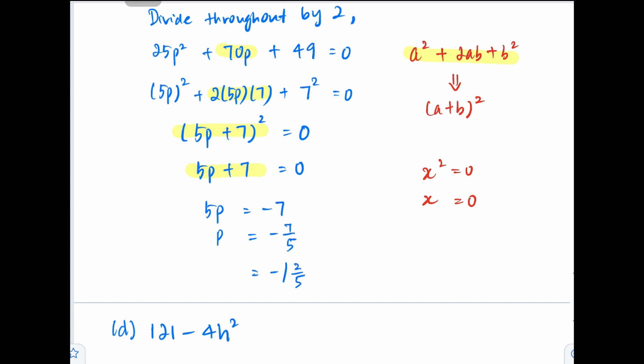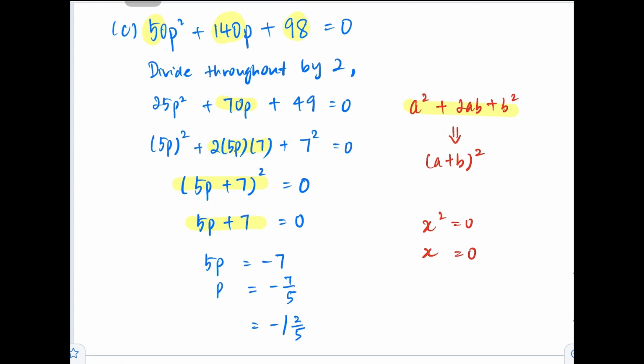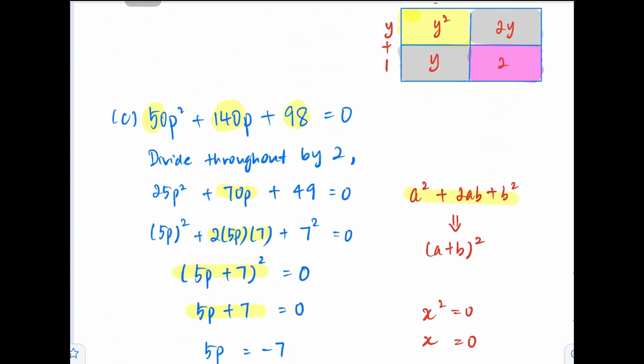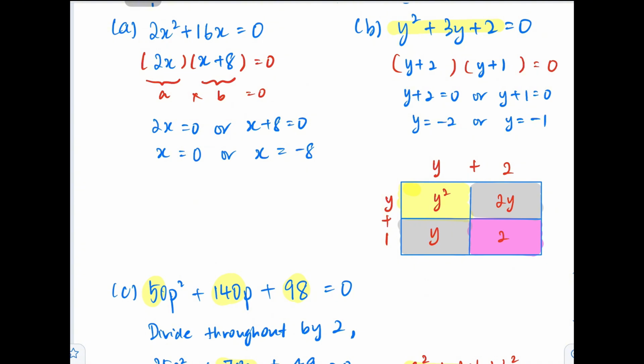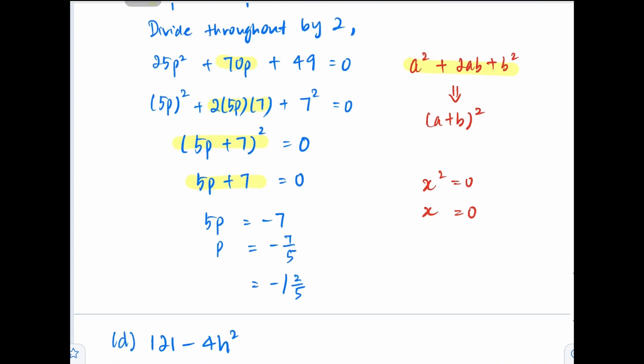That would be my solution for this equation. So you can see here that in general, quadratic equations have two solutions, but there are occasions when the quadratic equation can actually just have one solution.